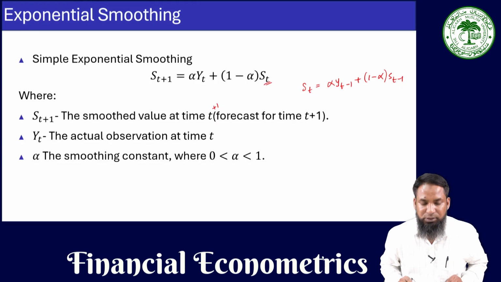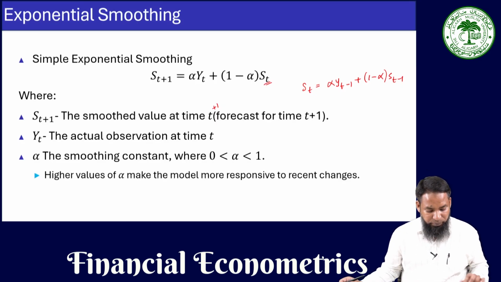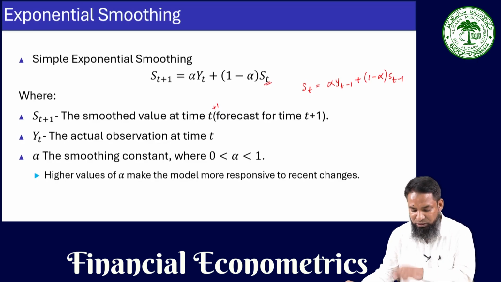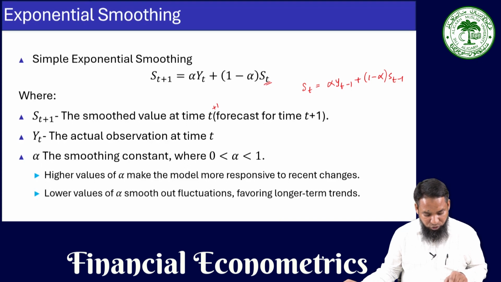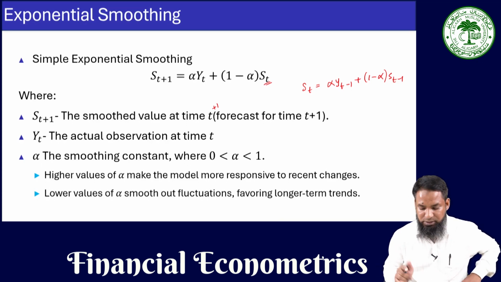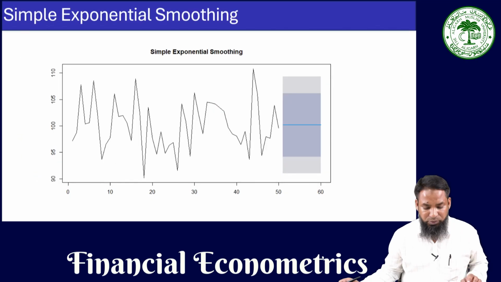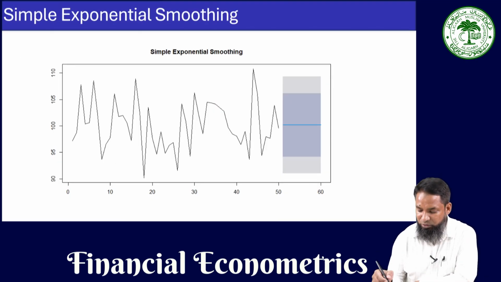So that's the sequence we use here. A higher value of alpha makes the model more responsive to recent changes, whereas a lower value of alpha smooths out the fluctuations, favoring the longer term trends. So from here we can get this conclusion. Now if we use the exponential smoothing, this is the forecast.